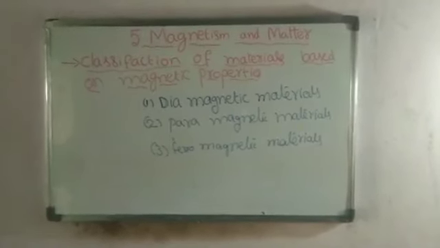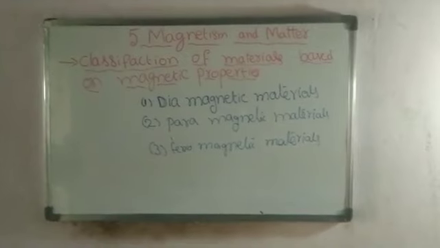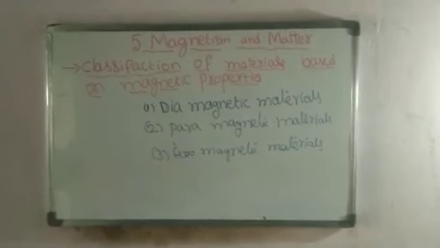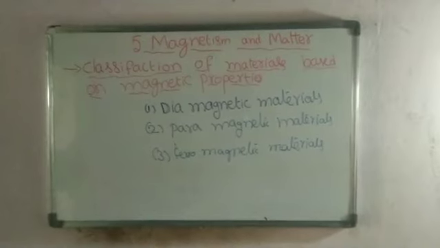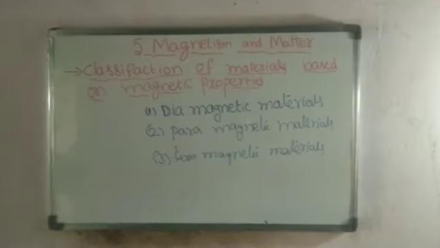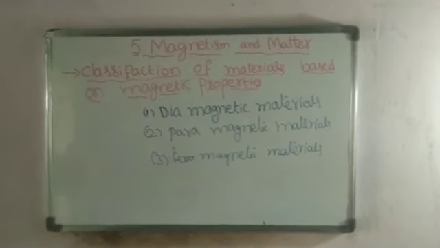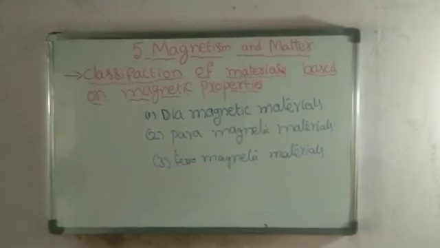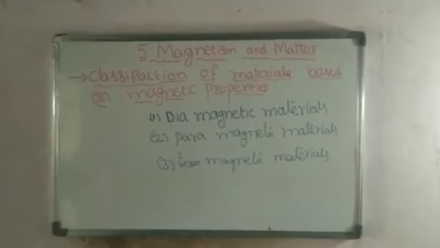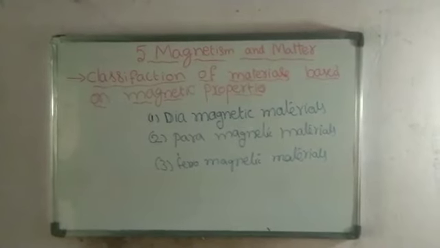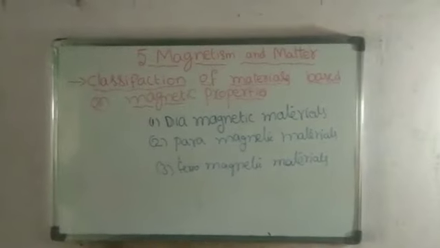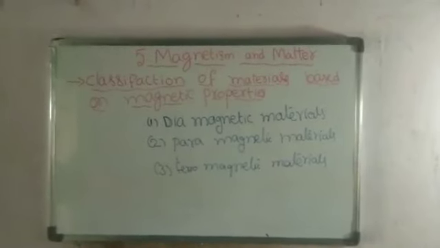In today's lesson we are going to study dia, para and ferromagnetic materials and their examples, and also the Curie temperature, the temperature at which ferromagnetic materials change into paramagnetic, or paramagnetic materials change into diamagnetic materials. So that is known as Curie temperature. In this session we also discuss the Curie temperature.